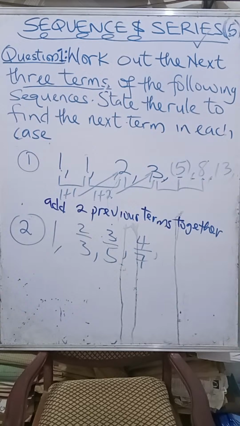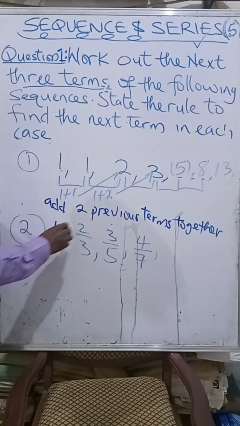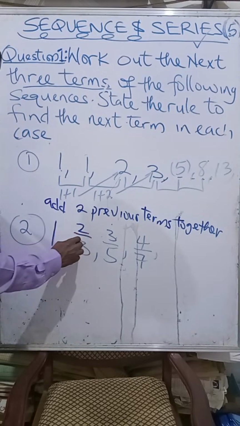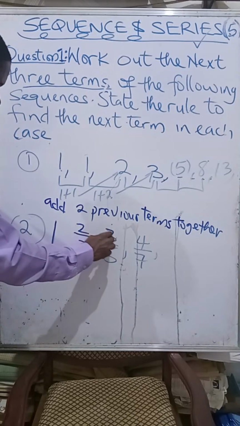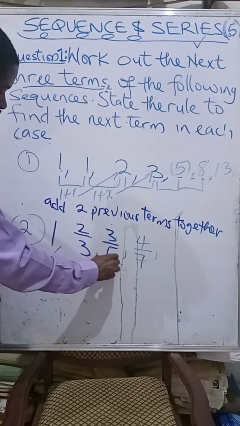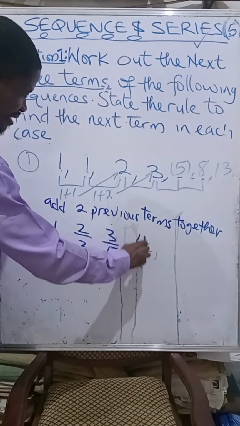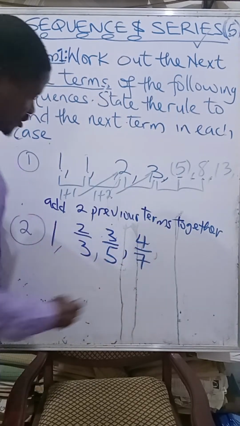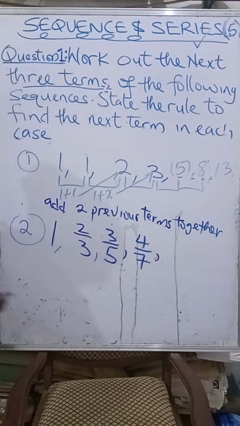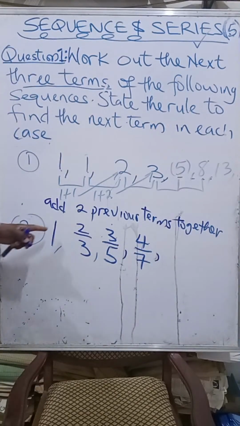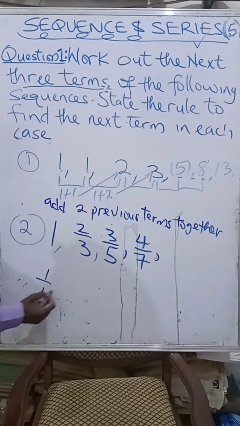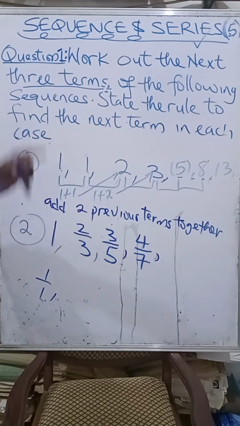So then the next one we have here, we have 1 over 1, 2 over 3, 3 over 5, 4 over 7, and this is a fraction. Check the numerator.